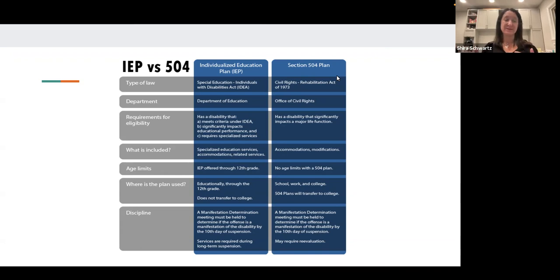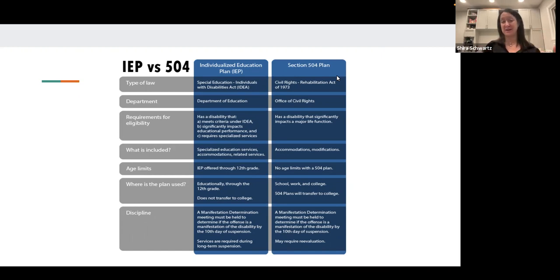A lot of times accommodations are sitting in the front of the room or extended time. So you have to think, for anxiety, for ADHD, is this really going to make a difference? If I sit in the front of the room, am I just going to have ADHD in the front of the room, or is it going to help me?